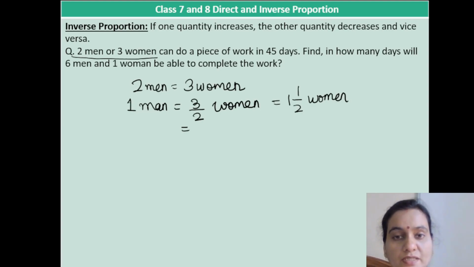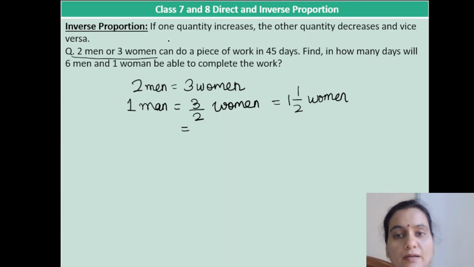So when we come to 6 men and 1 woman, we have to make them into one unit. Either change the capacity of 6 men into equivalent women, or change the capacity of that 1 woman into the capacity of equivalent men. Then only we can find how many days will be required to complete the same work.